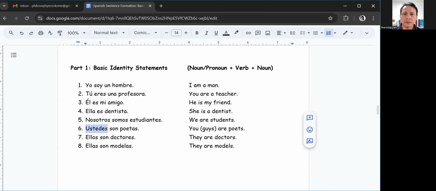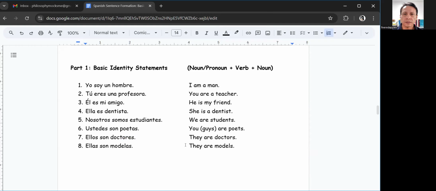Ustedes, you guys. Son. By the way, the ustedes and the ellos have the same verb conjugation, son and son. So, ustedes son poetas. That should be obvious, right? Poetas, poets. Ellos son doctores. Obvious, right?